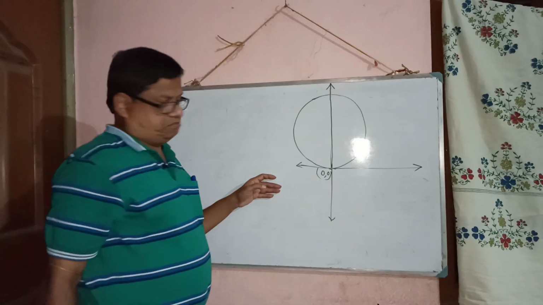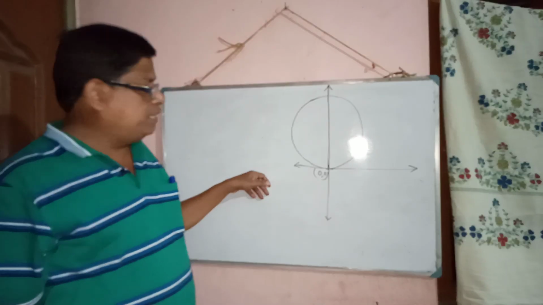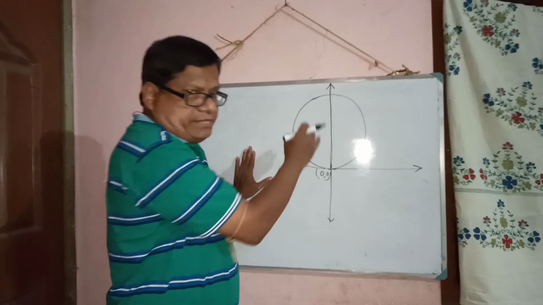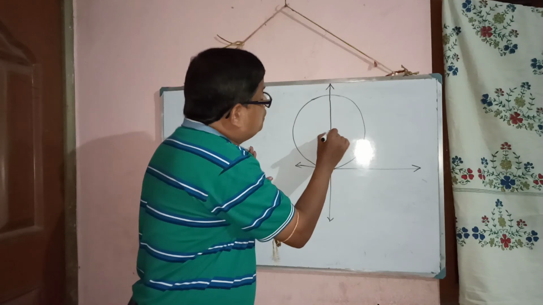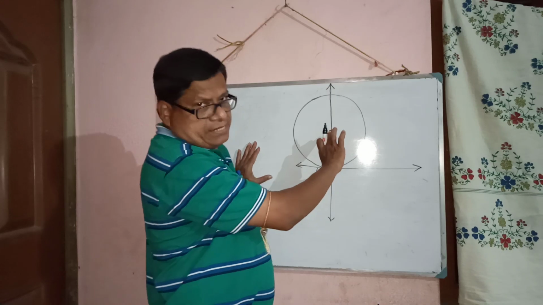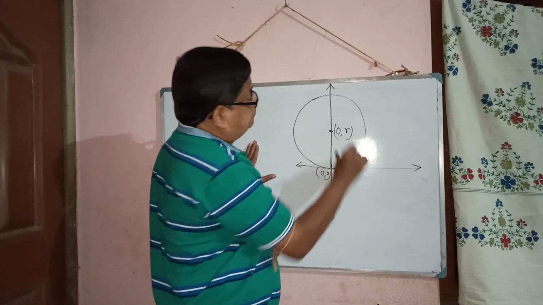Then this is the tangent, and the radius, that is the diameter also. The y-axis always passes through the center. Then this will be the radius, so the center will be 0, r.